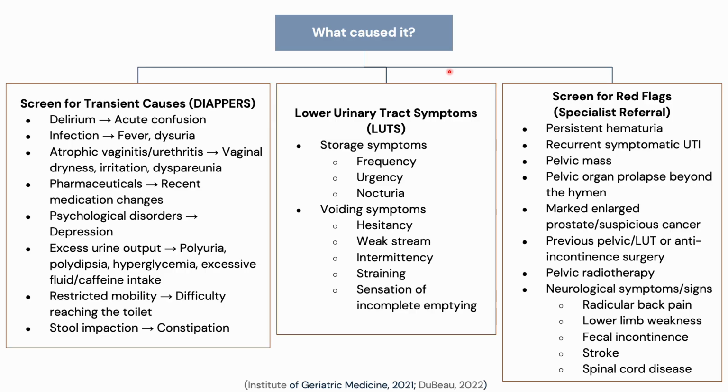Finally, don't forget to look for red flags, including persistent hematuria, recurrent UTI, pelvic mass, large prolapse, markedly enlarged prostate or suspicion of prostate cancer, previous surgery, previous radiotherapy in this area, or signs or symptoms of neurological disease, because this may indicate a more serious underlying condition.